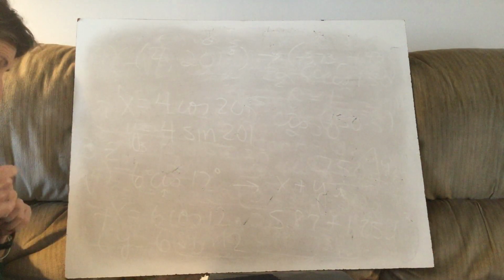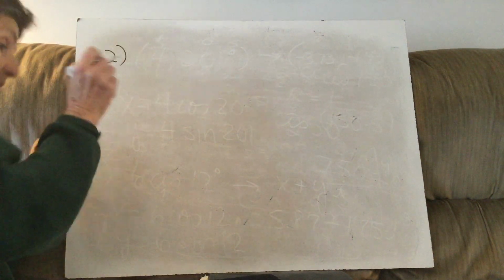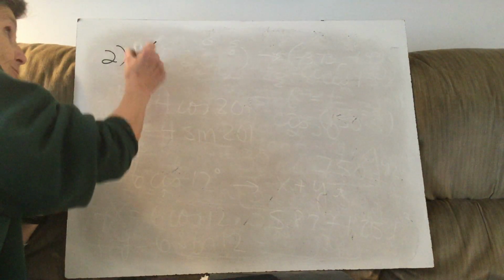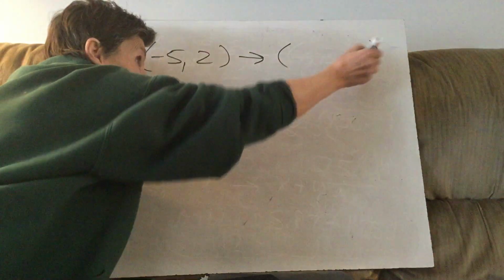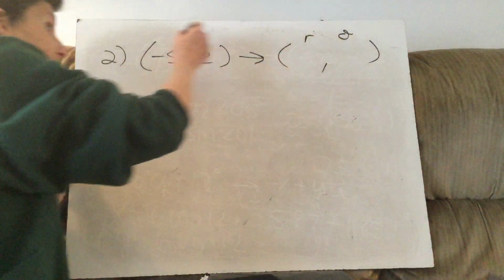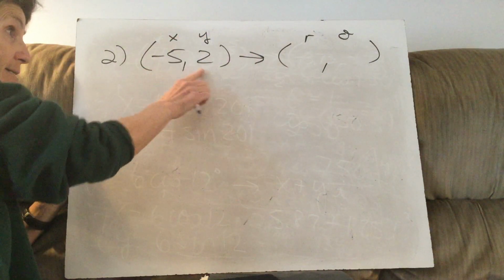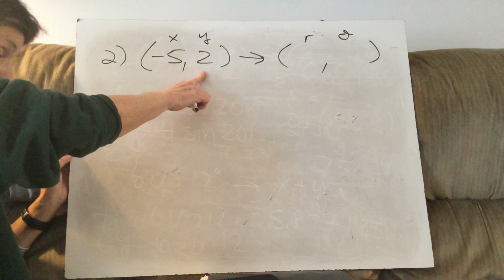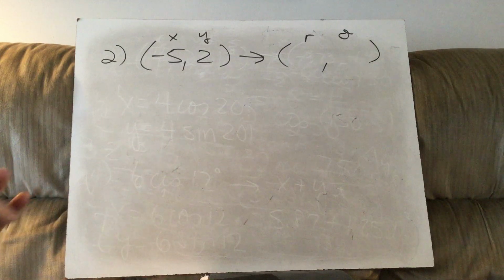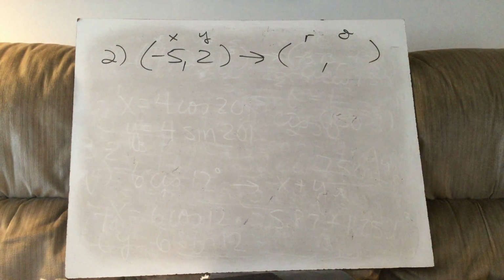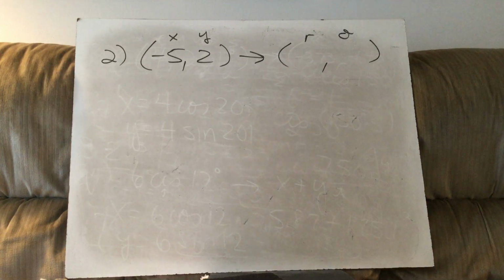Now we're going to do 2 and 3 together because they are the same. 2 says convert this point into polar coordinates. So that means take the x and the y that you've been given and change it into an r and a theta. All right? So here we go.